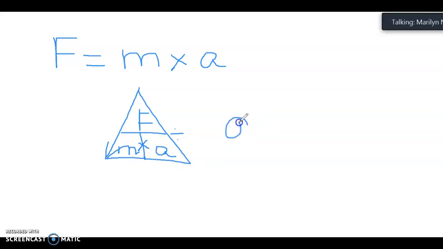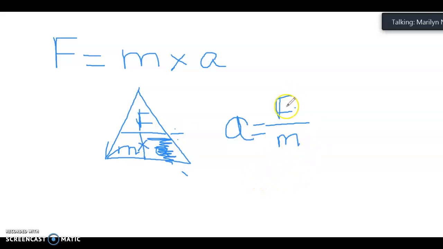You're looking for the letter A, that is acceleration, so you need to cover the letter A, and the triangle says F over M. So this is another division.